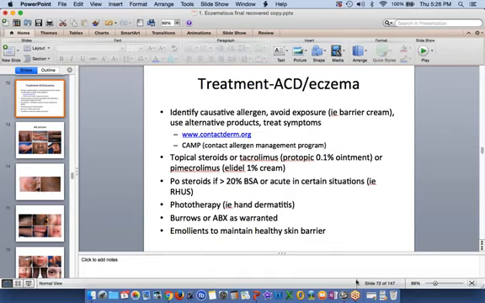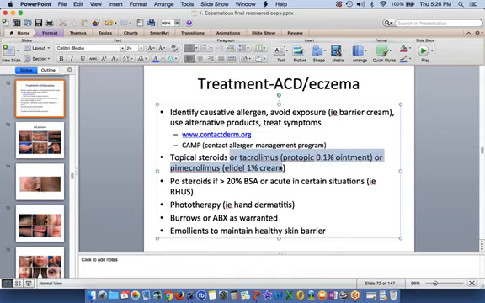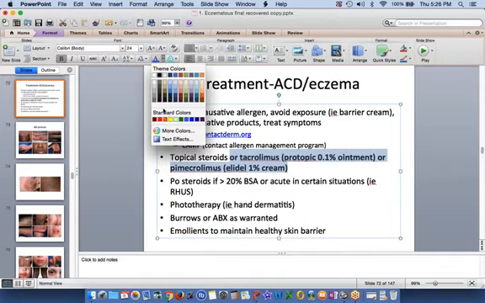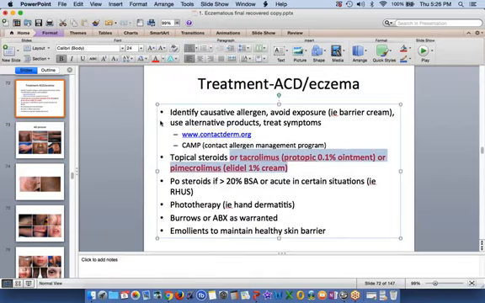Now, one of the things that I see here is tacrolimus and Elidel, okay? They were put on this earth to be steroid-sparing medications, and there are a lot of dermatologists that use them. We choose to try to avoid using them because they have a black box warning that states that patients who've used them developed lymphomas.